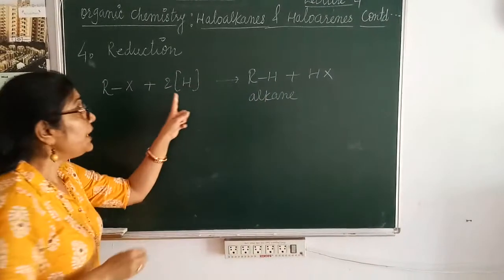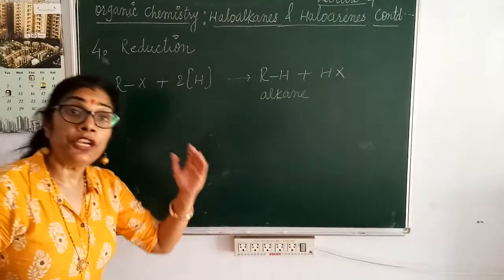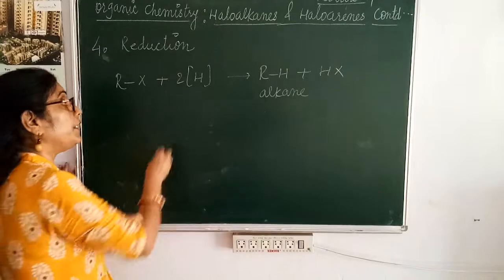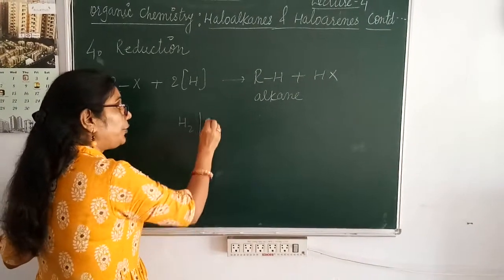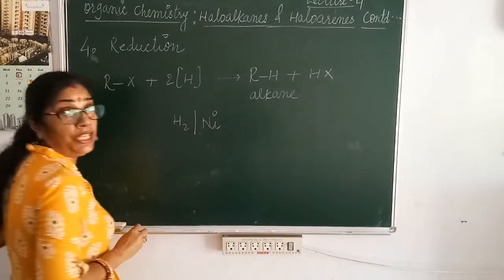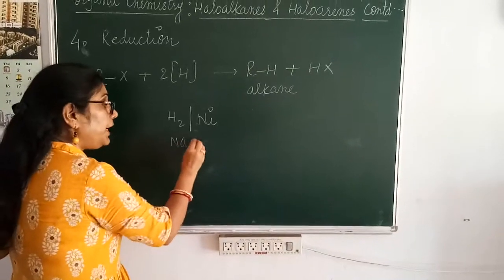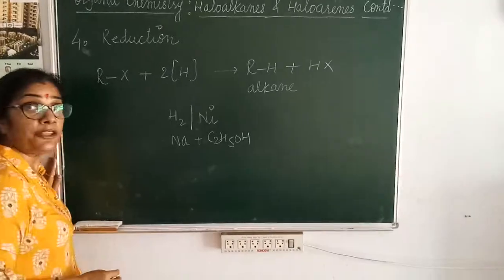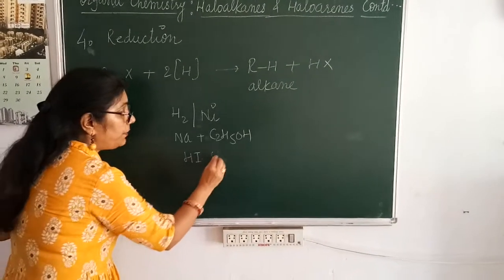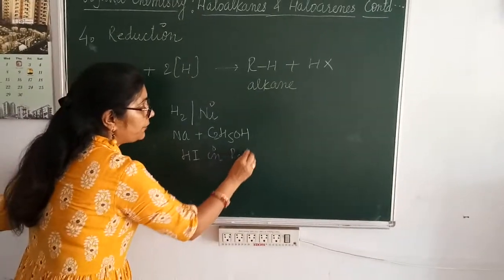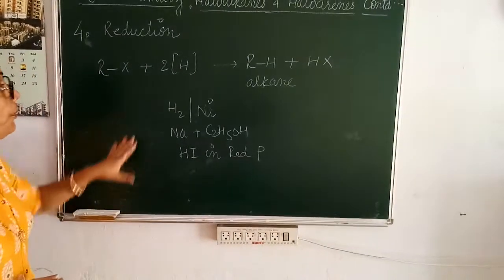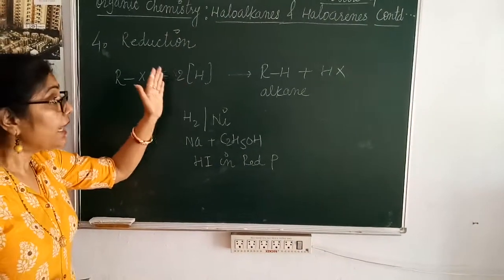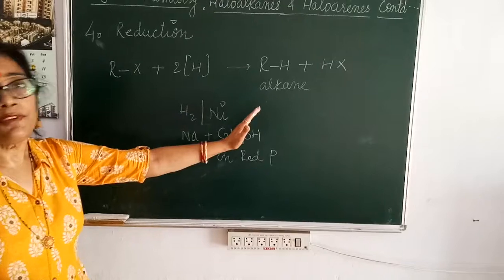Now, from where does this nascent hydrogen come, what type of reducing agents are used over here? So you can use hydrogenation in presence of nickel, sodium in presence of ethanol, sodium ethoxide with nascent hydrogen, HI in presence of red phosphorus, and so on. So upon reduction, alkyl halides give alkane.